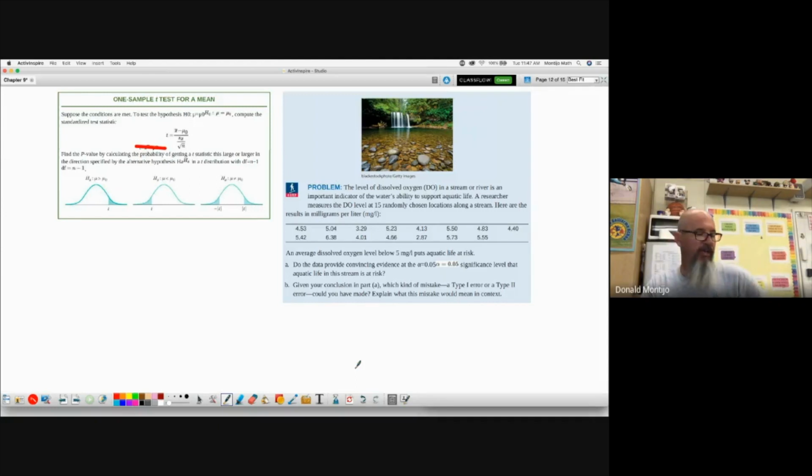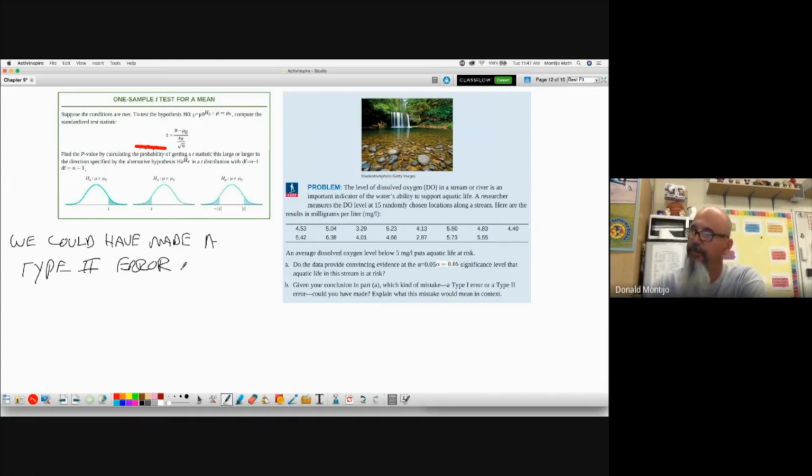So if we fail to reject the null, we could have made a type 2 error. Well, what is a type 2 error? We fail to reject when in fact it is false.